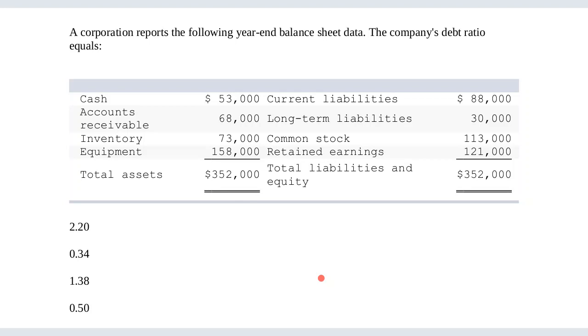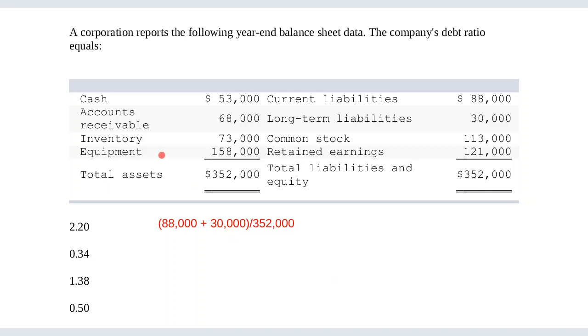So we have our liabilities. In this case, we have two liabilities, the 88,000 and the long term of 30,000. And then we divide this by our total liabilities and equity of 352,000.